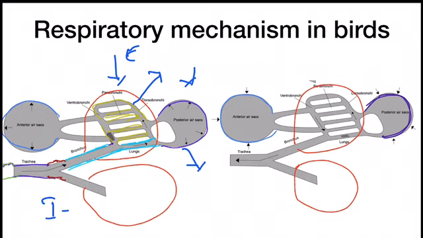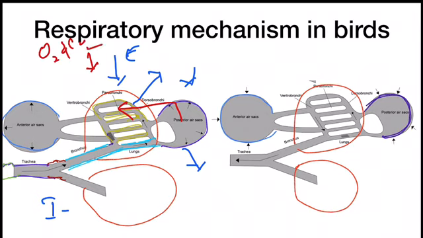When the lungs expand and the air sacs get compressed, the air from the air sacs reaches the secondary bronchi and then the parabronchi. When it reaches the parabronchi, we observe the exchange of gases. So in inspiration as well as in expiration, we observe the exchange of gases.